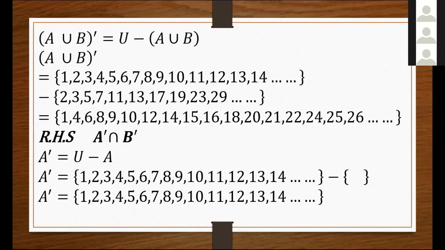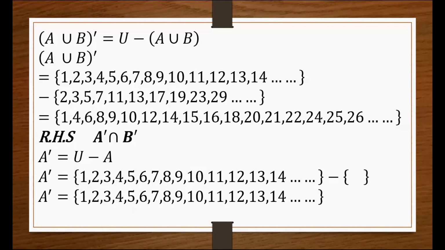Now we will take (A union B) complement. Complement means whatever set we have, we will subtract it from the universal set. So when we subtract A union B from the universal set, we will have the answer 1, 4, 6, 8, 9, 10, 12, 14, 15, etc. Now the left hand side is covered.